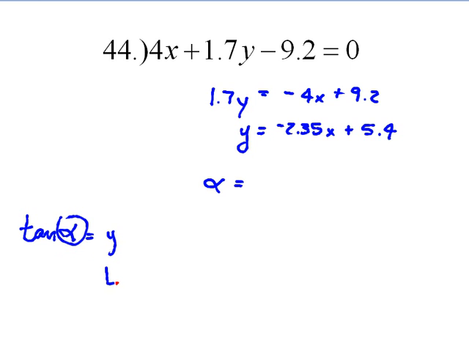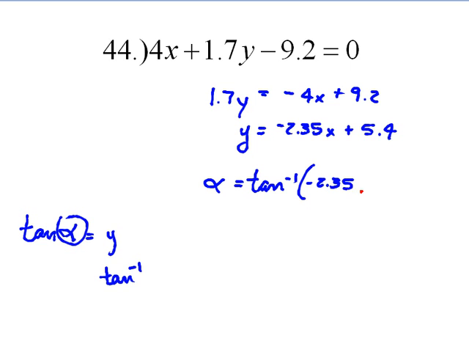So it becomes the inverse tangent, and you're going to look for the tan -1 button on your calculator. It should be above the tan button. So let's continue this. It would be tan -1, and the negative 2.35.